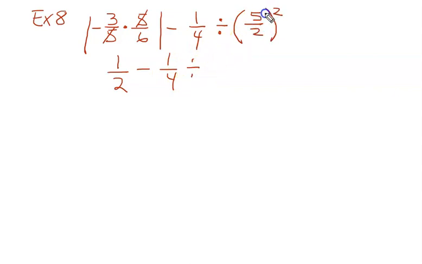So we have to square 5/2, and that's going to become 25/4. There we go. Now, this is interesting because we have a division of fractions here.